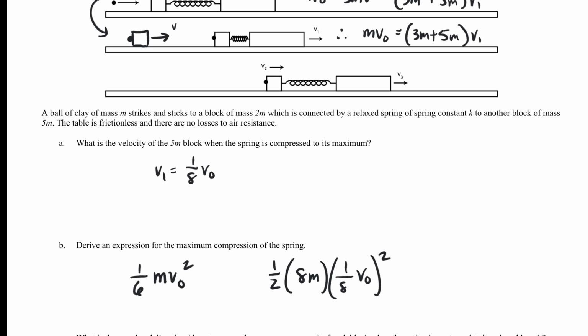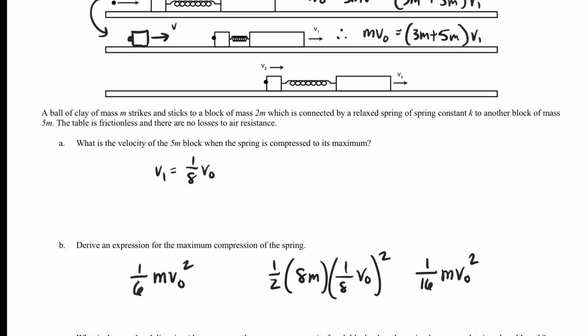Then I drop it back down to 8. Multiply 2 is 16. So 1/16 m V0 squared. That's less energy. But this energy didn't disappear. This energy didn't go into just deforming the clay. This energy is stored in the spring.